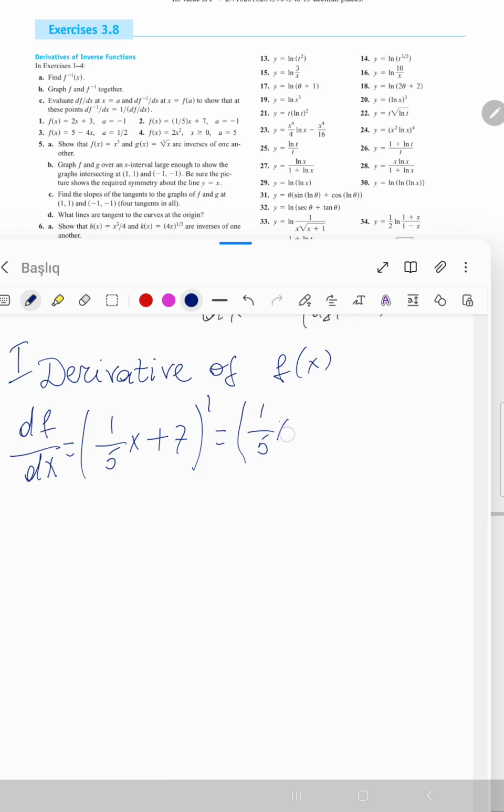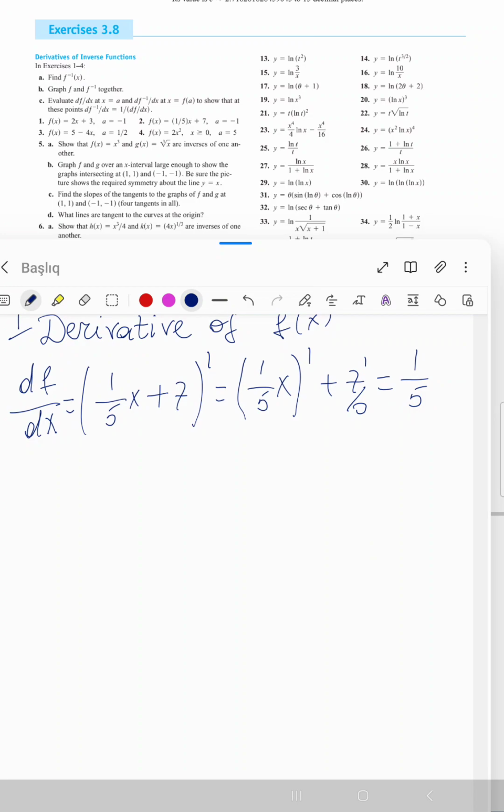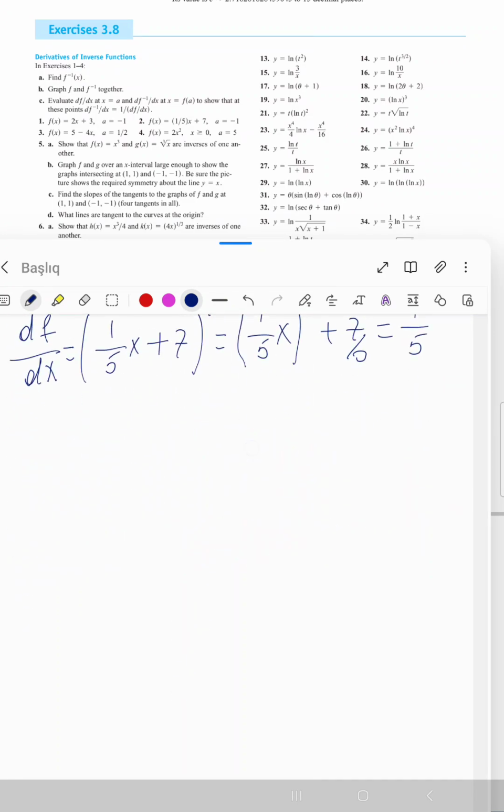We can use the sum rule. Plus the derivative of 7 equals 1 over 5, and this is 0. And never forget that a is equal to minus 1 in our case.